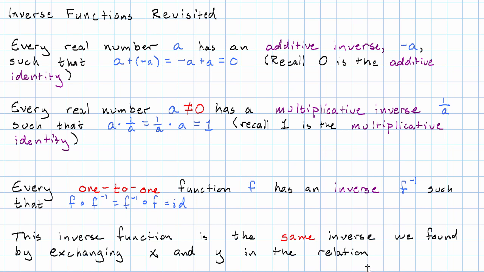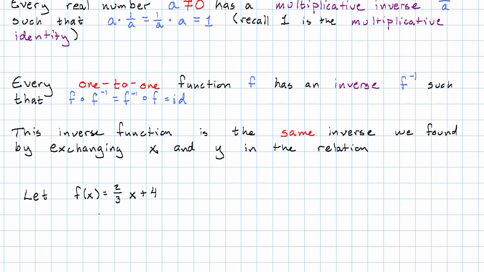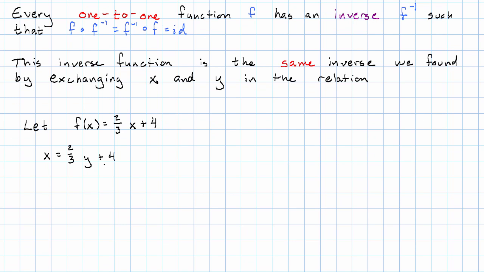Now, I'm not going to prove that this is the same inverse function. I'm just going to demonstrate it in a specific example. So I'm going to take my function f to be 2/3 x plus 4. To find its inverse, I make that exchange the x and y move, and I get x is 2/3 y plus 4. Now I solve for y.